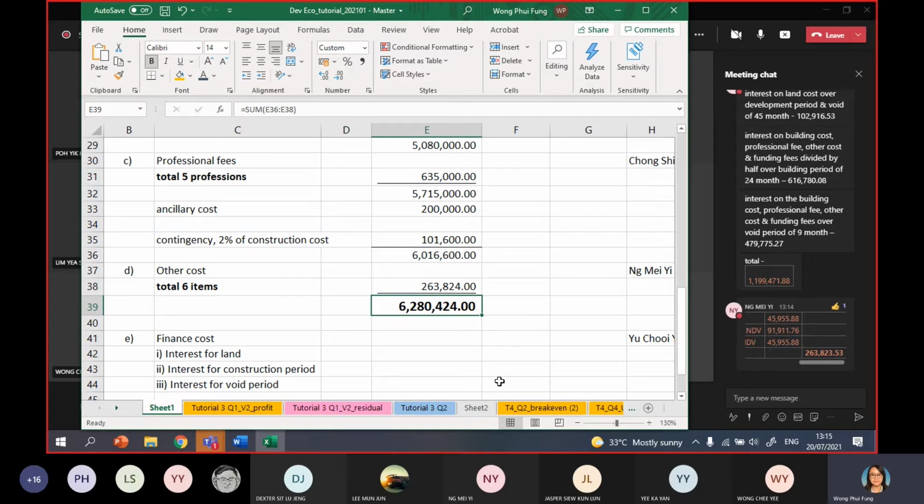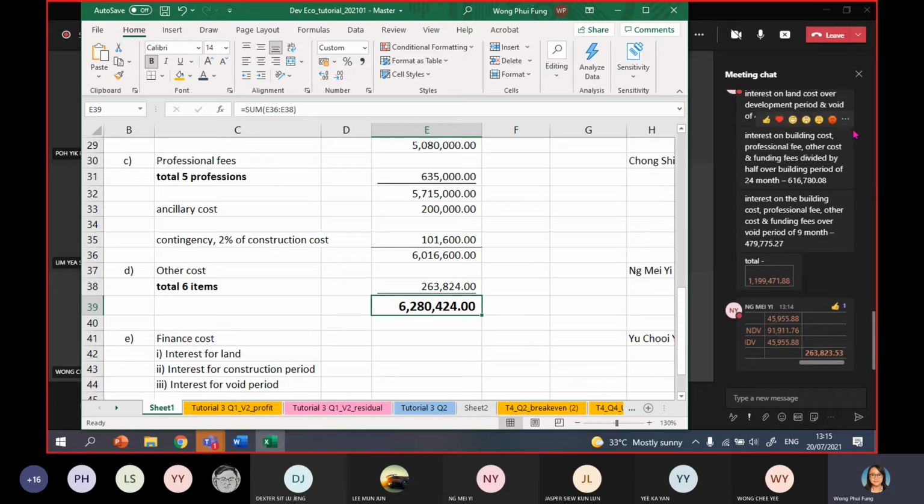Then after that, a bit tricky will be the funding cost. So remember, for the profit method, you need to calculate the interest in 3 stages. The first one is the interest for that piece of land. Second one is the interest for the construction period. Then the last one is the interest for the void period.